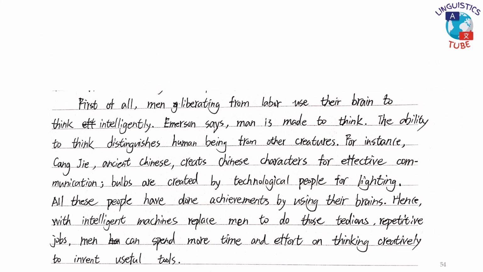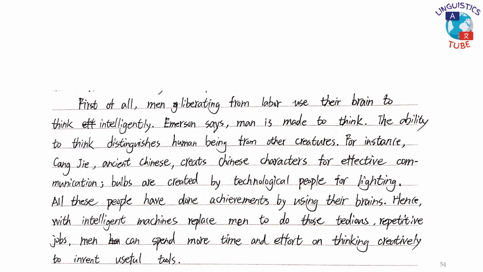First of all, men liberating from labor use their brain to think intelligently. Emerson says, "Man is made to think." The ability to think distinguishes human being from other creatures. For instance, Cangjie, ancient Chinese, creates Chinese characters for effective communication.